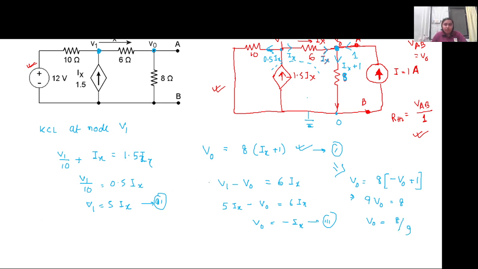So VAB is equal to VA0, which is equal to V0, that is 8 by 9. So can we calculate R Thevenin now? What will be the value of R Thevenin? 8 by 9, yes, it will be equal to 8 by 9 by 1, which is equal to 8 by 9.